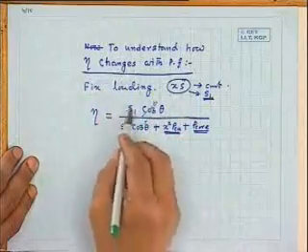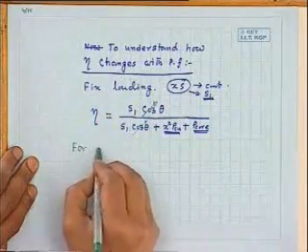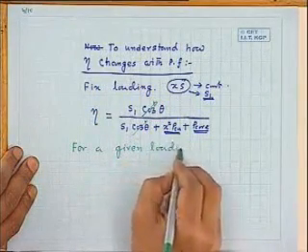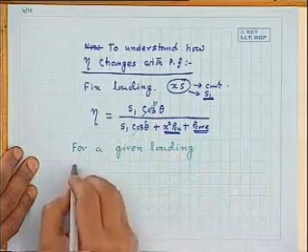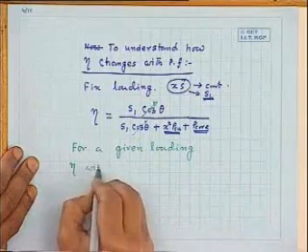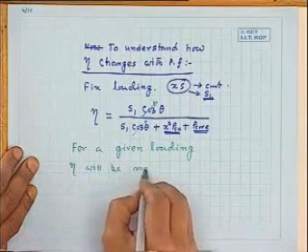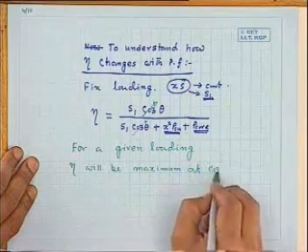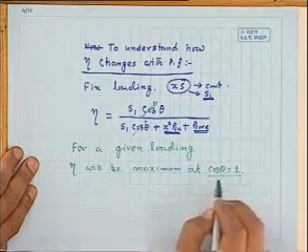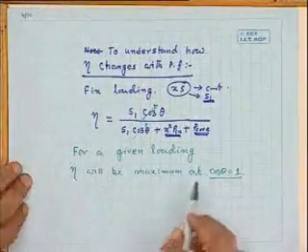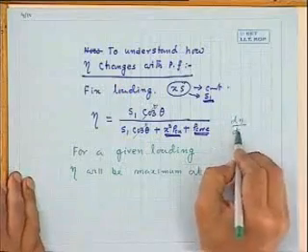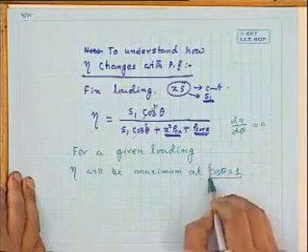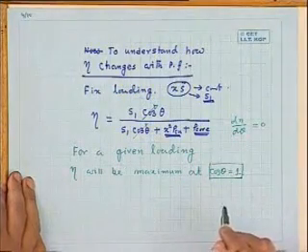So eta will be maximum for a given loading at cosine theta equal to 1. That you can easily verify by differentiating it with respect to theta, setting d eta by d theta to 0, and finding out theta. This will come to this.